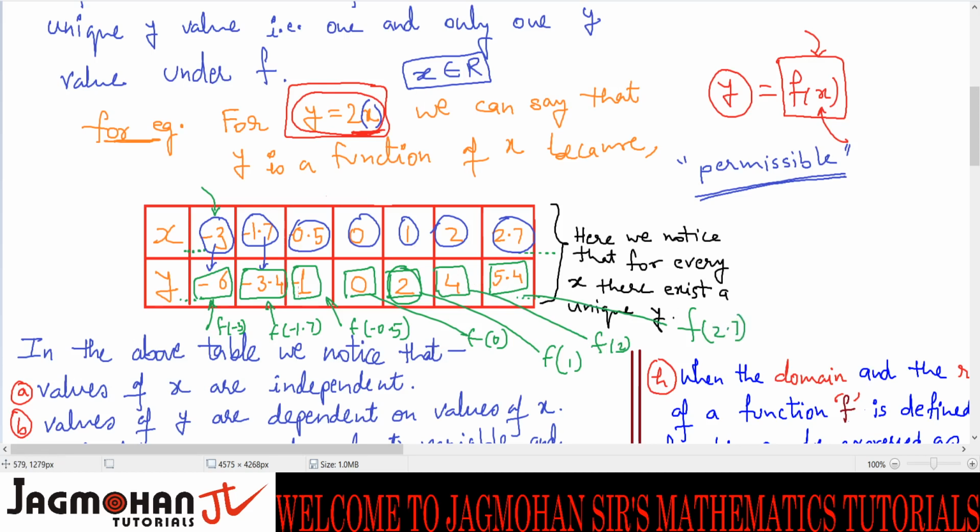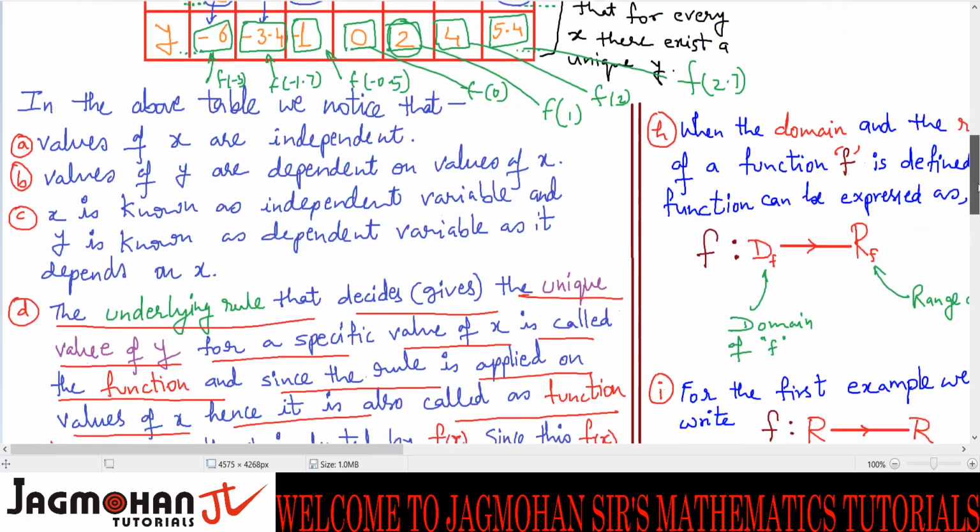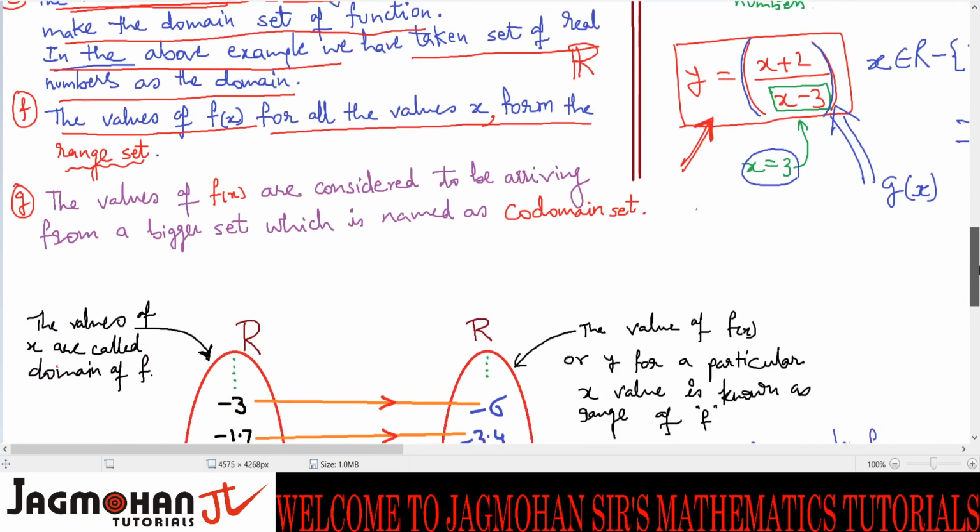So what is range? All these values, that is -6, -3.4, -1, and infinite such numbers which you get after you substitute the x values here, are the numbers you get as an answer for y. The set of y or f of x will form the range set.